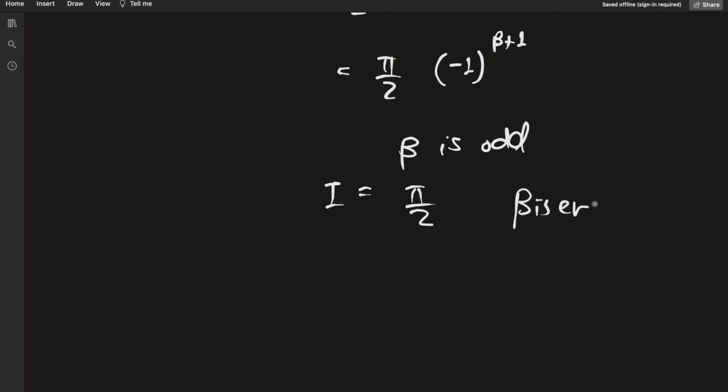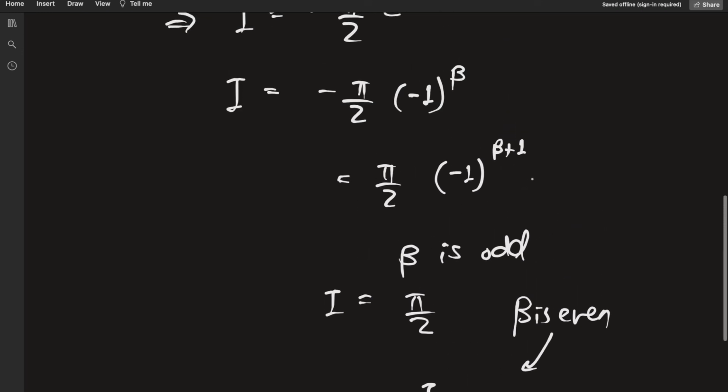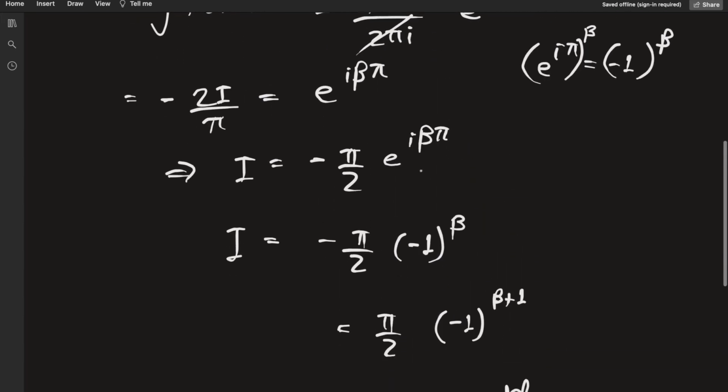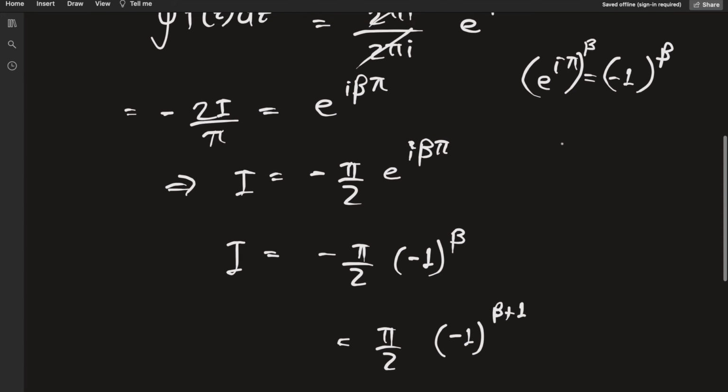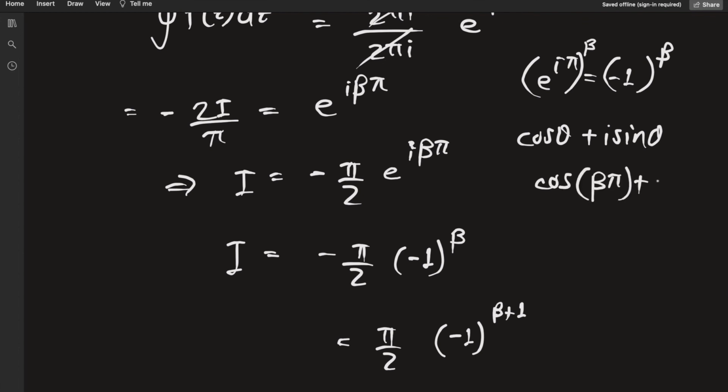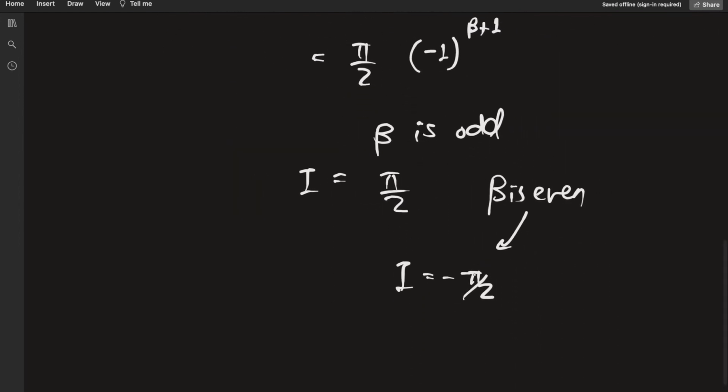When beta is even, I is going to be negative pi over 2. But when beta is something else, like some fraction or some other real number, then we have e raised to i beta pi, or we can just use Euler's formula, cosine theta plus i sine theta, which in this case will be cosine of beta pi plus i sine of beta pi, and then we can evaluate that.